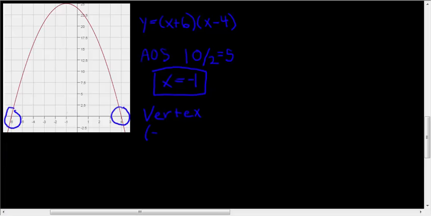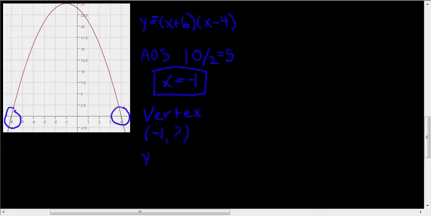And I will fix the equation right now. So we should have that negative out in front because it's opening down.